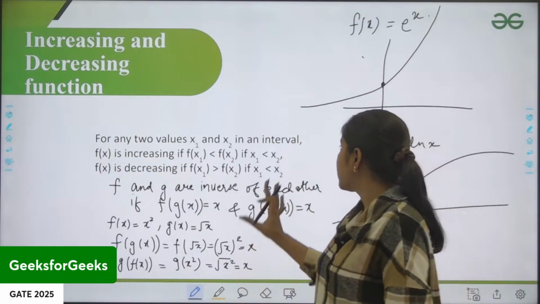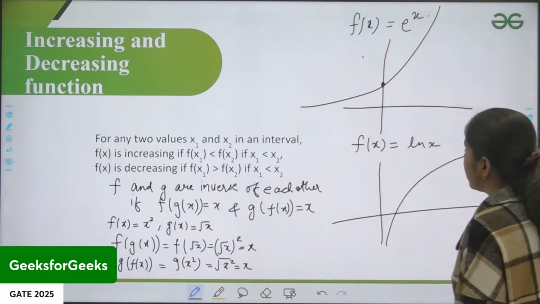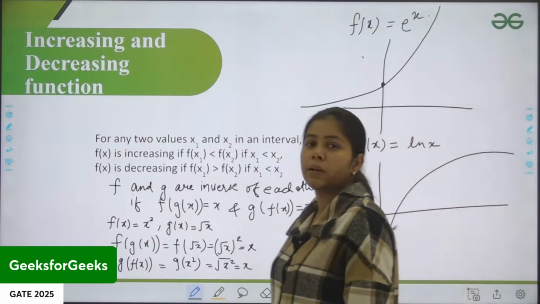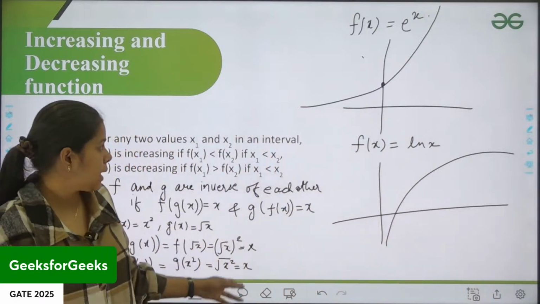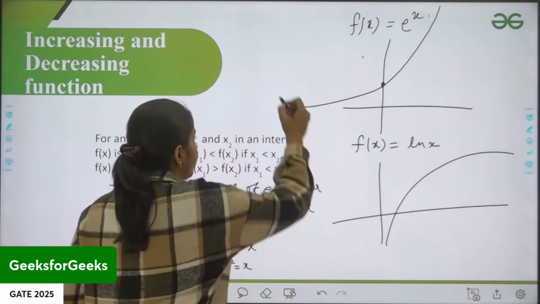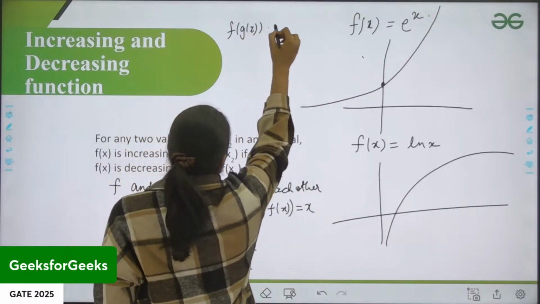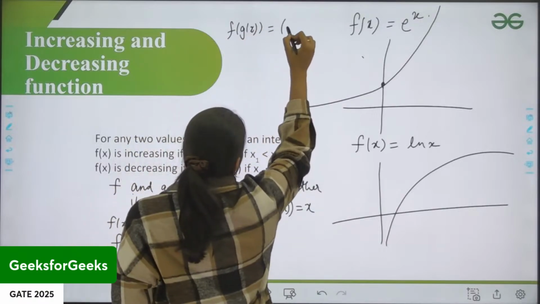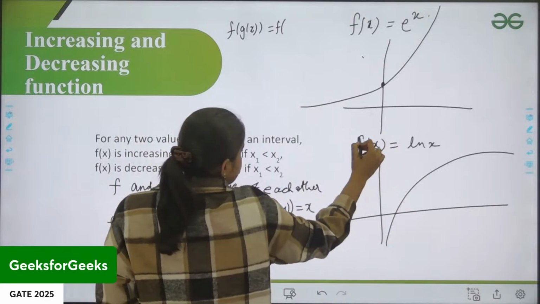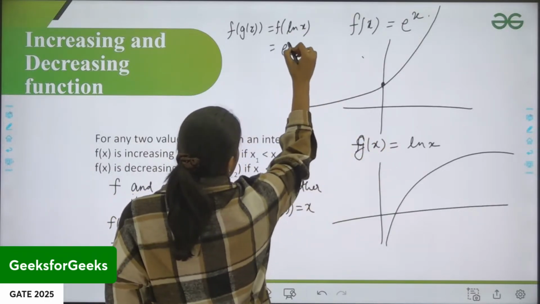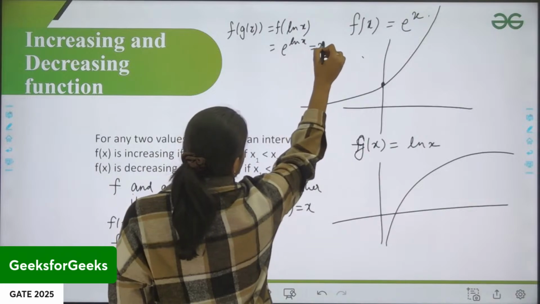I told you about the inverse of a function because exponential and logarithmic functions are inverse of each other. If I apply f of g of x, with g as log x, that means e to the power log x is equal to x.